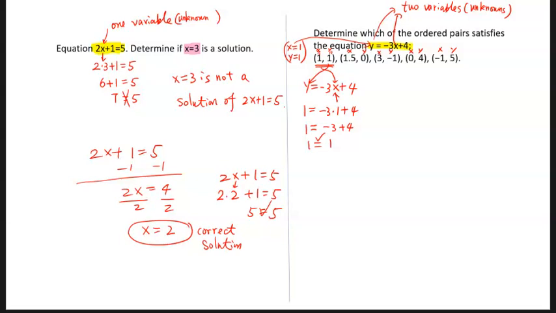Let me try one more here. Let's try the second pair. Since y equals 0, I'm going to replace this y with 0, and x equals 1.5. Now let's simplify this. Notice 1.5 times 3: we ignore the decimal point, so we multiply 3 and 5 to get 15, and 1 times 3 is 3, plus 1 is 4.